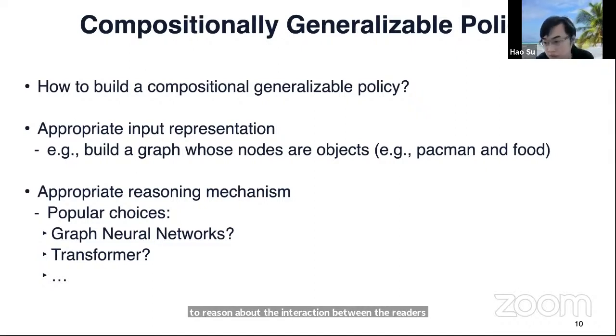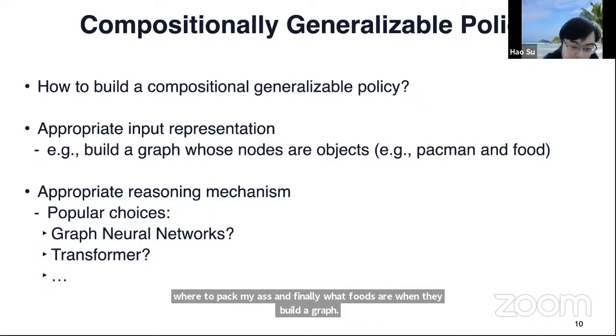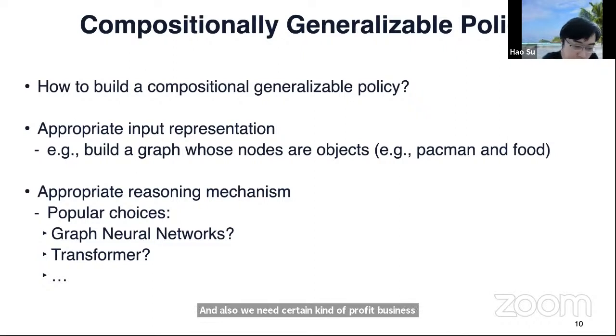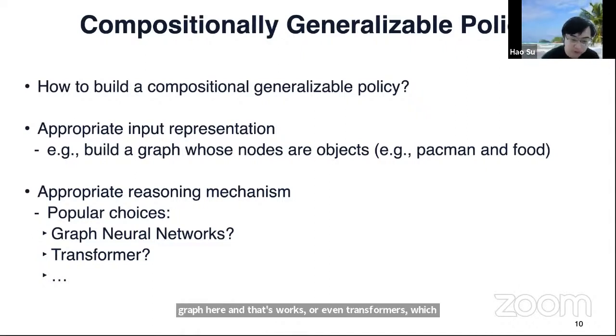If we put this in a Pac-Man context, it is finding where the Pac-Man is and where the foods are, and then building a graph. We also need a proper reasoning mechanism. For example, there are popular choices like graph neural networks or even transformers, which could also be thought of as an extension of graph neural networks. Some mechanism that allows us to reason on the graphs.